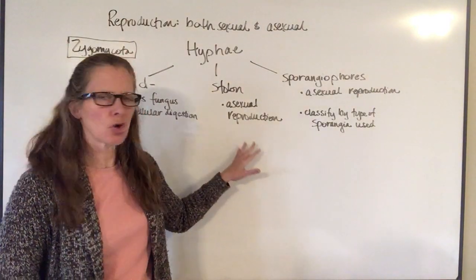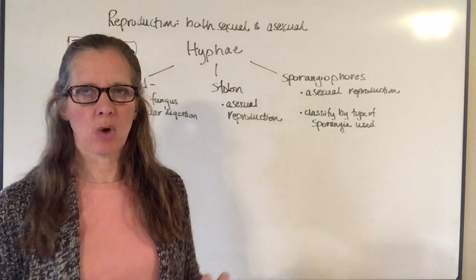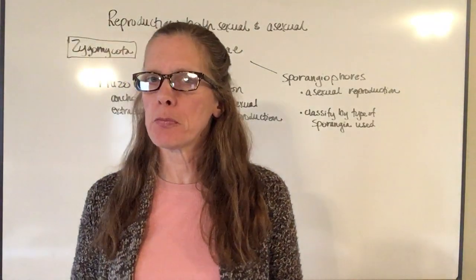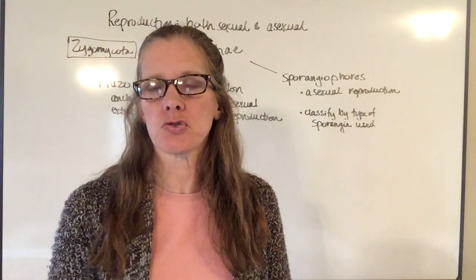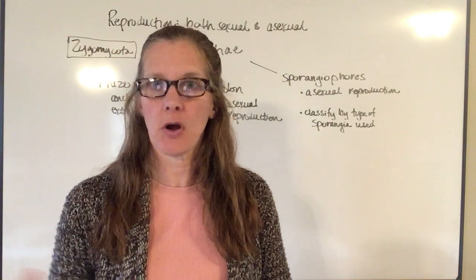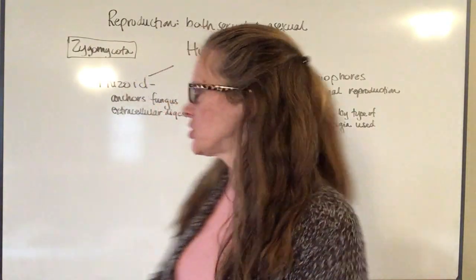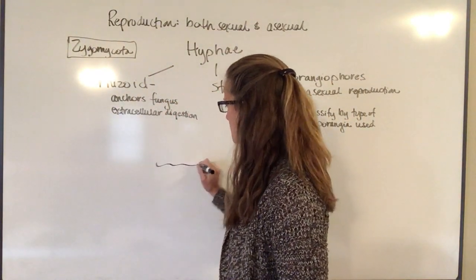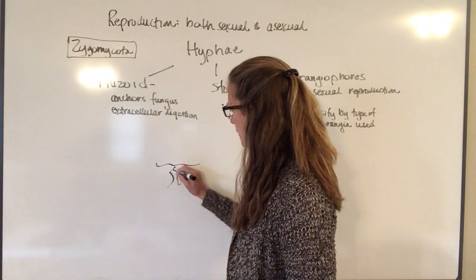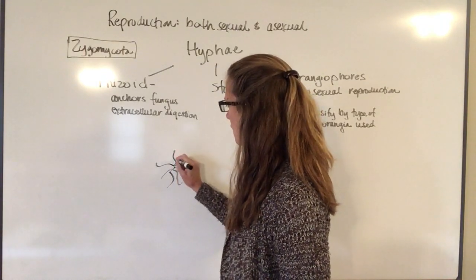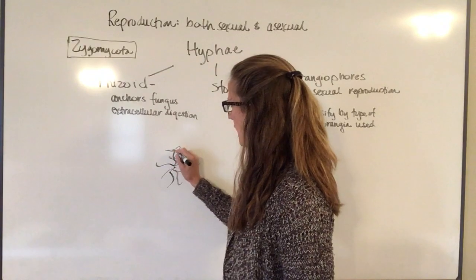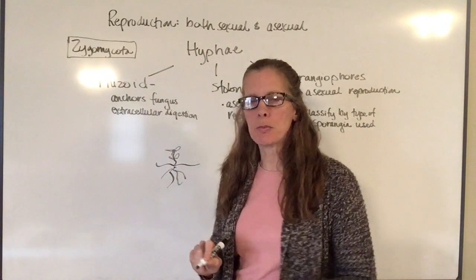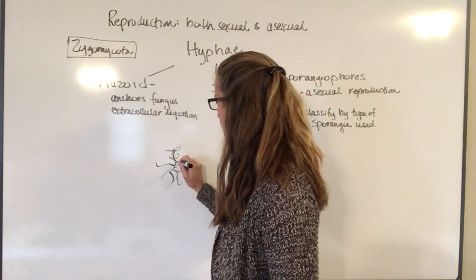And stolons remind me a lot of strawberry plants. I don't know if you're familiar with strawberry plants. We grow strawberries in our family, and we have a very large strawberry patch. And so with a strawberry plant, of course, your strawberry plants are going to have roots, and then they've got your stems and your leaves, and then they're going to grow strawberries under here. But strawberries send out runners.